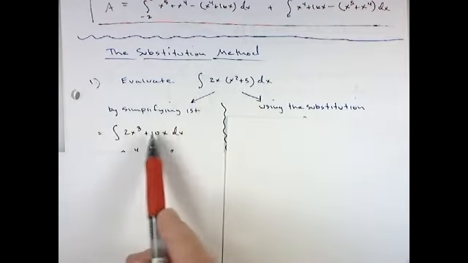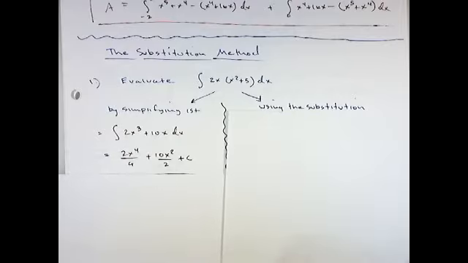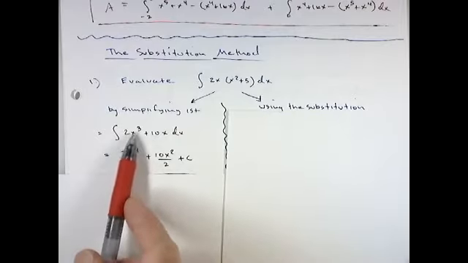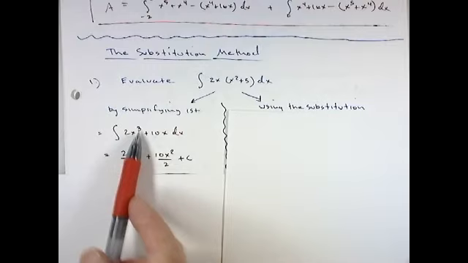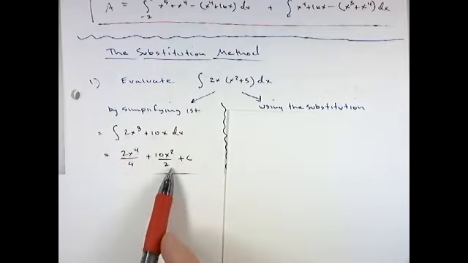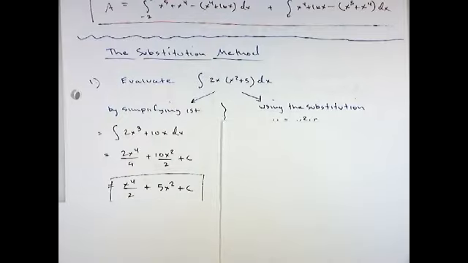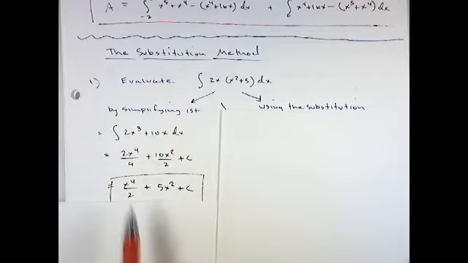You'd get 2x cubed plus 10x. That's easy enough to integrate. We could use our power rule. 2 stays there, that's x to the 4th over 4. 10 stays there, x squared over 2, plus a constant. And of course, I could simplify that to x to the 4th over 2 plus 5x squared plus a constant.